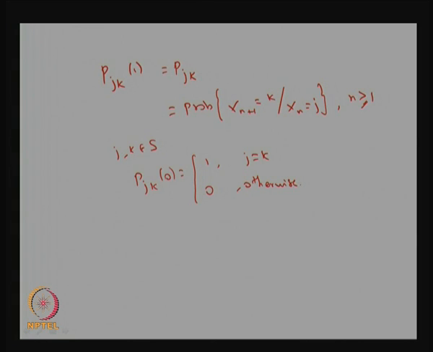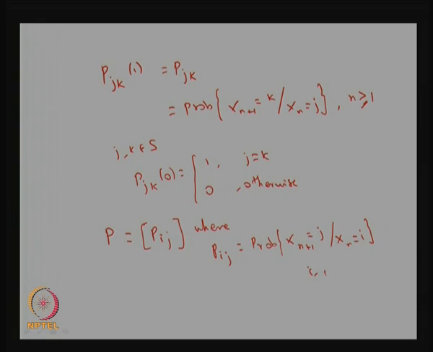This one step transition probability, I can put in the matrix form, as the capital P matrix, and that consists of P_ij, where P_ij is nothing but the one step transition probability elements of X_{n+1} is equal to j, given that Xn is equal to i.